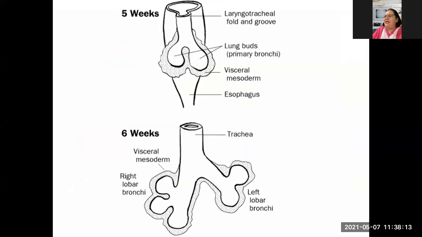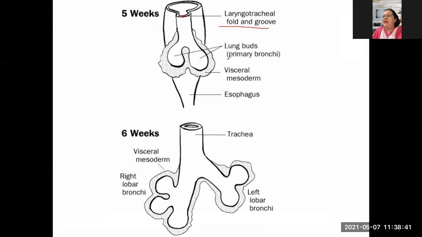So looking at how the lungs are formed. The lungs start forming at 5 weeks intrauterine. You have your laryngotracheal fold and groove right here. And then they will develop lung buds.